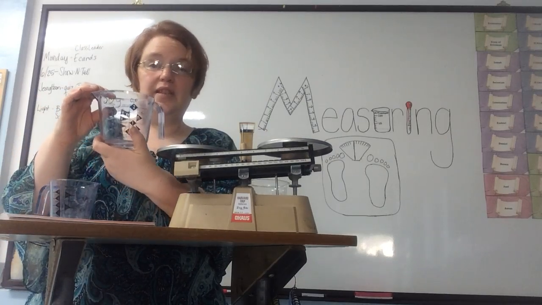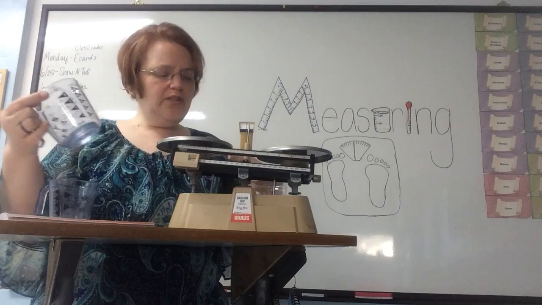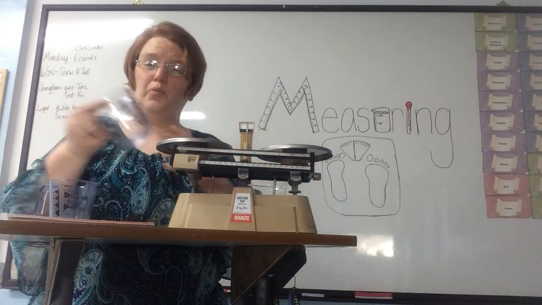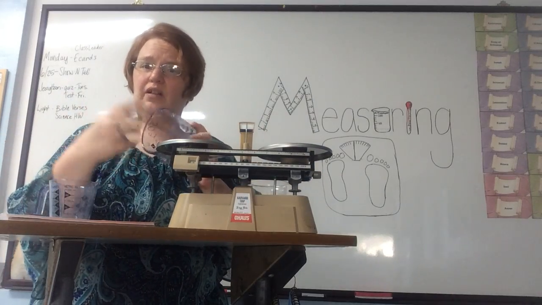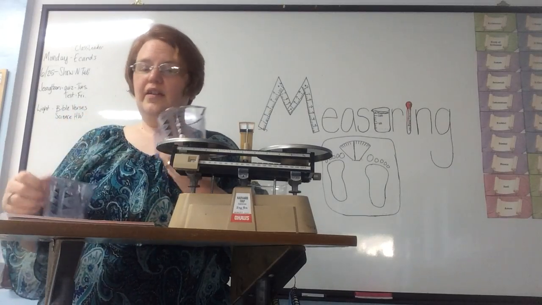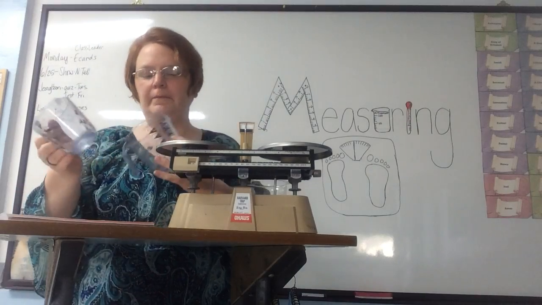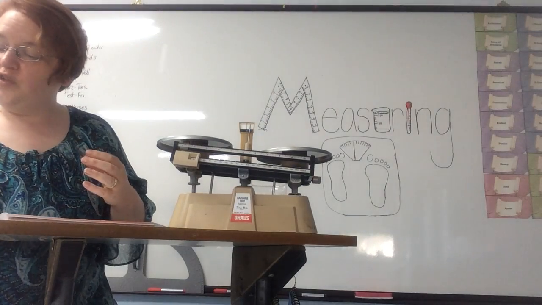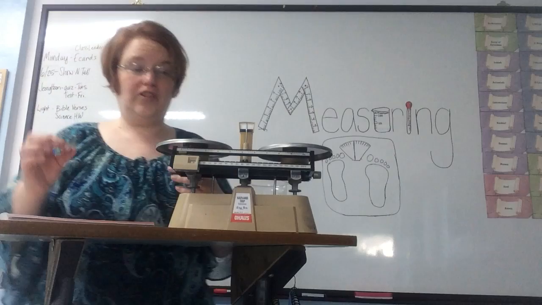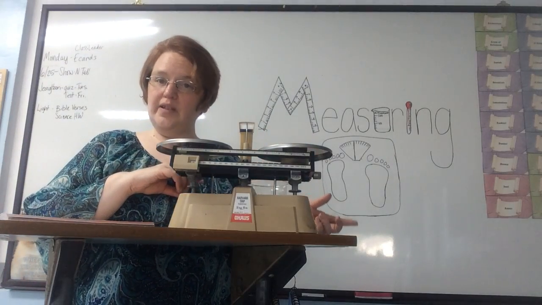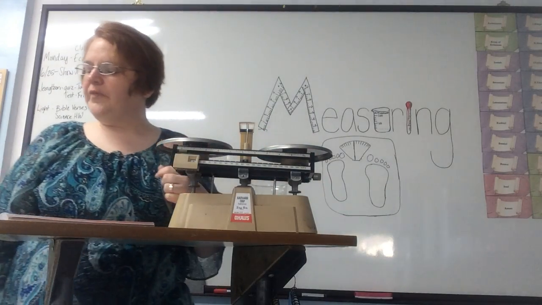But you still use it for the same kind of measuring. And with these two, you're going to measure volume, or the space it takes up in the middle of the cup. So they come in all shapes and sizes, cups and milliliters and ounces. But it's a graduated container because of its shape. Graduated cylinder was the first one, graduated container the second.